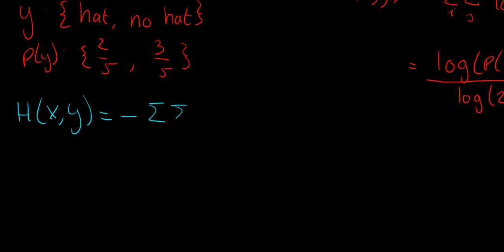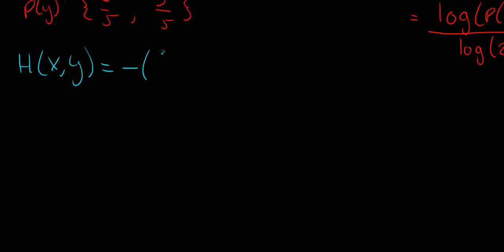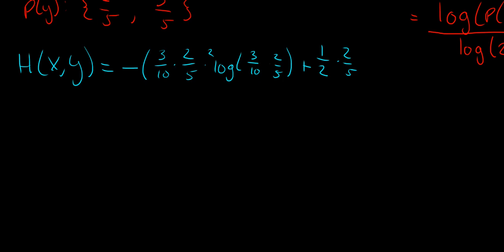So we have the minus of the two sums. We get minus the probability that we have the car, 3 over 10, multiplied with the probability that this one does have a hat, multiplied with the log base 2 of that probability, plus the next one, if they're on a bicycle, a half times that they are wearing a hat times log base 2 of that same probability, plus the third one, 3 over 20 times 2 over 5 times the logarithm, plus 1 over 20 times 2 over 5 times the logarithm.